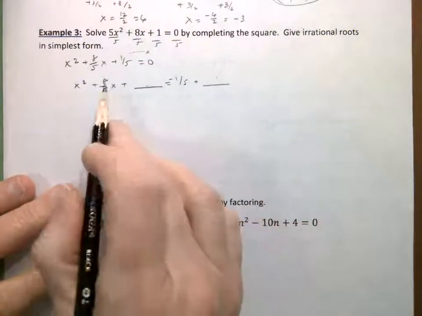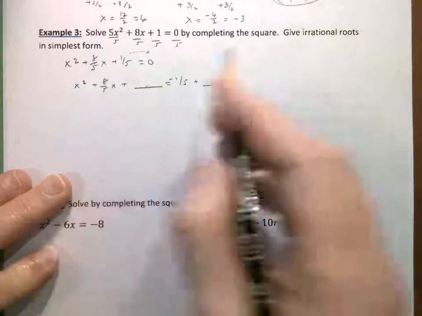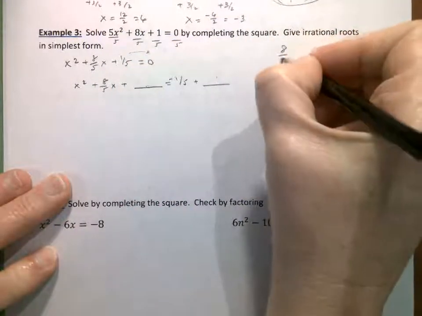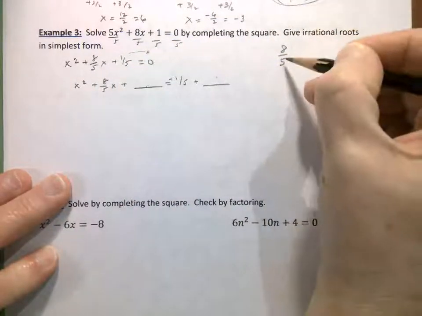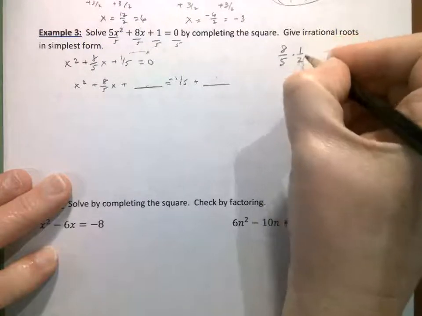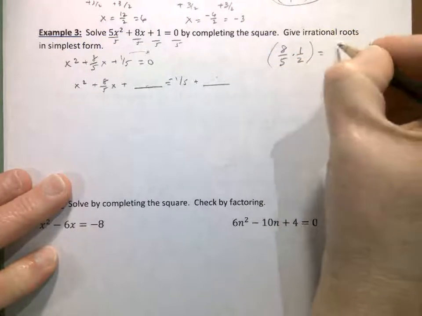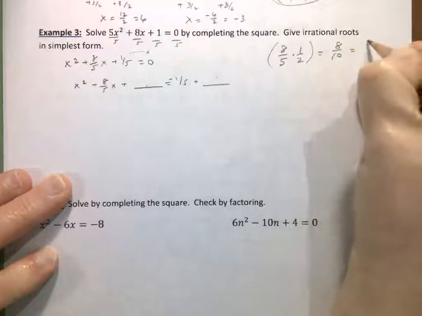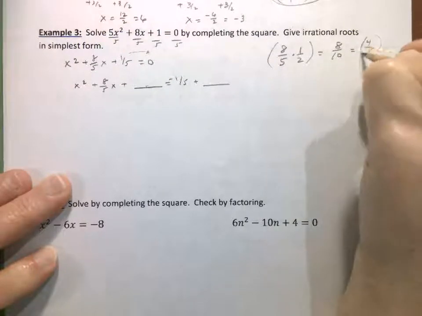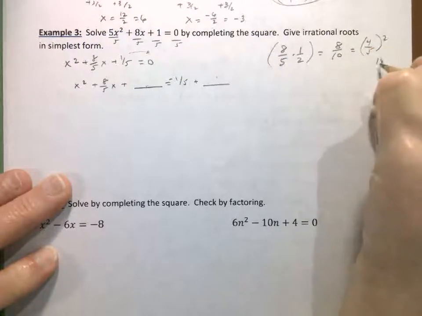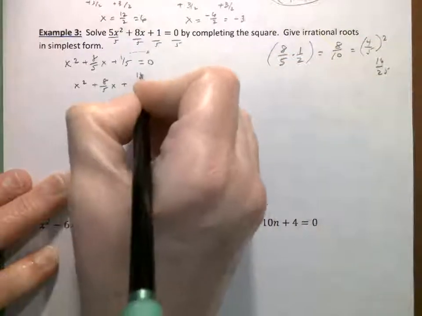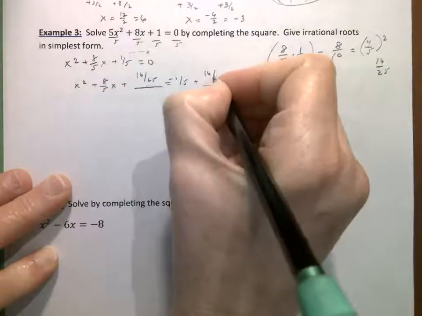All right. So I need to figure out what goes here. So what I do is I take my b, my coefficient, and I need to divide this by 2. Well, dividing by 2 is the same as multiplying by 1/2. So that's going to give me 8 over 10, which is going to be 4/5. Okay, I then need to square 4/5, which is going to give me 16 over 25. So 16 over 25 and 16 over 25.